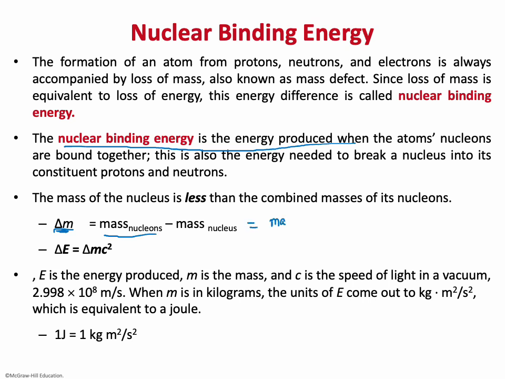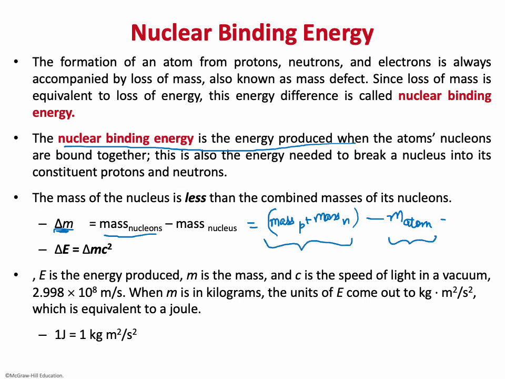Remember, nucleons means neutrons and protons. So you will take the mass of all the protons plus the mass of all the neutrons, that's your mass of nucleons, minus the mass of your atom, which is the mass of the nucleus, right?